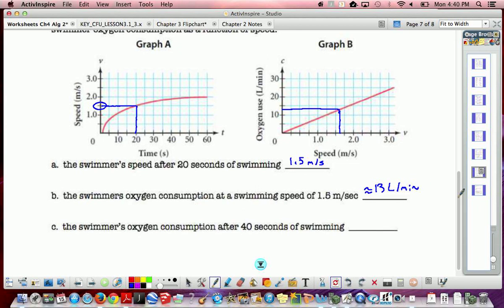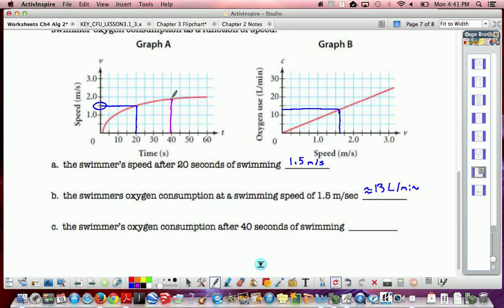So now, we want to find the swimmer's oxygen consumption after 40 seconds of swimming. So here's the composition. A and B took you so that you got the speed, and then you use the speed to get the oxygen consumption. Here you have to do both pieces. So let me switch to a good color here. I first start at 40 seconds.